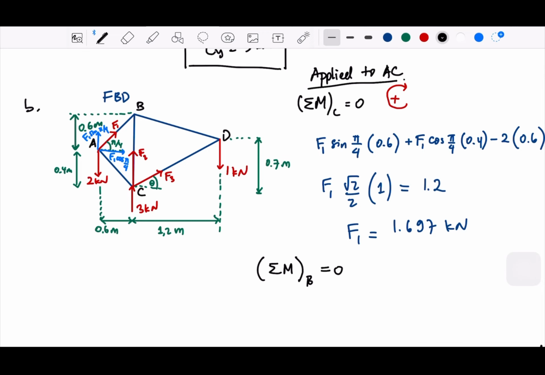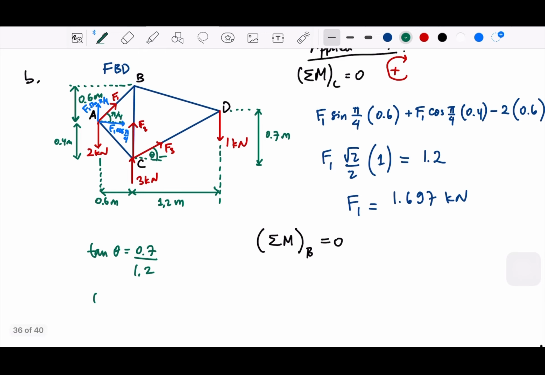Okay, now to begin, let me start with this. That's the tangent theta is 0.7. So theta is tangent inverse of that. Okay, let's calculate first. So this will be 30.25.